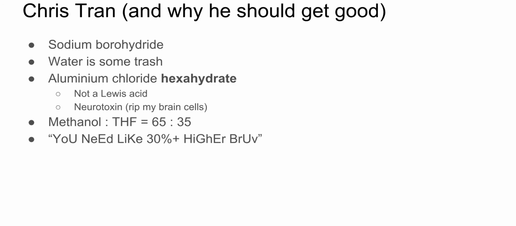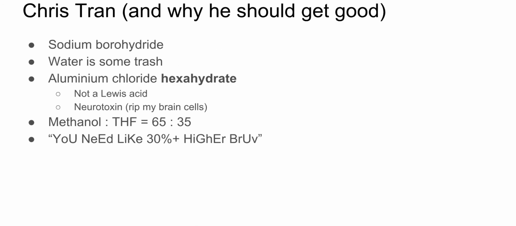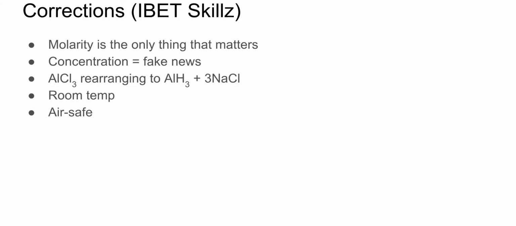But if you read the literature, as I do, because I'm an intellectual, you'll find that if you change the concentration of hydrogen peroxide from 30% to 15% to 12%, as long as you have enough molarity, which, if you remember from your chemistry, means the number of molecules, it doesn't matter. If you have enough molarity of hydrogen peroxide, that's the only thing that matters. Concentration, fake news. So if you can use like 12%, that's what I use. That's fine.